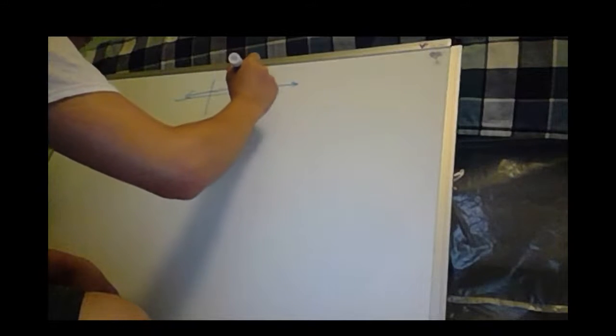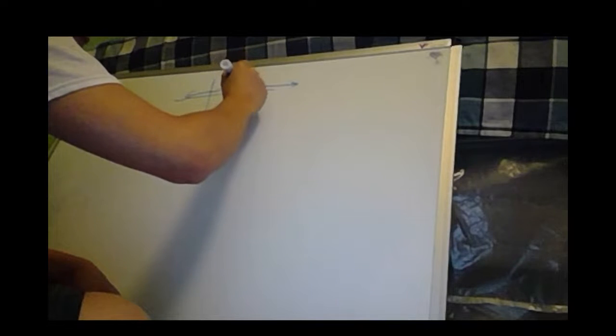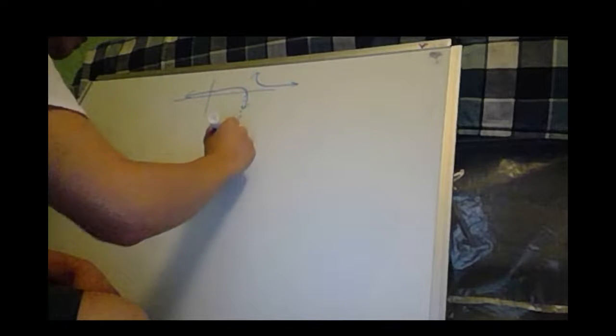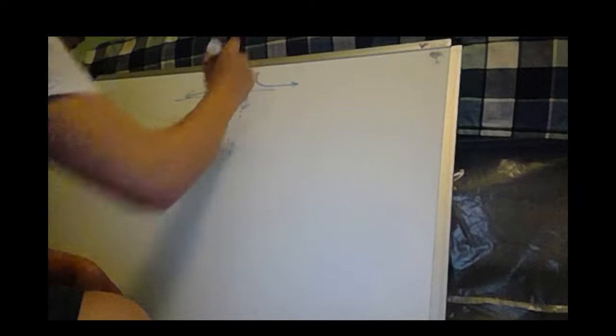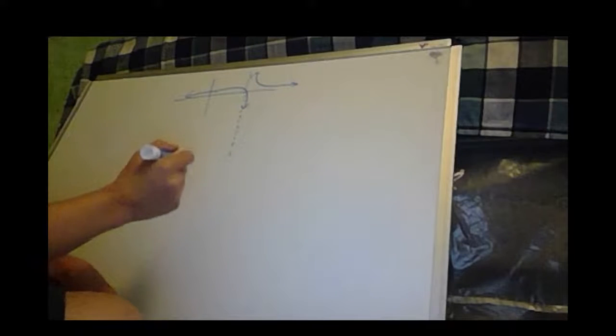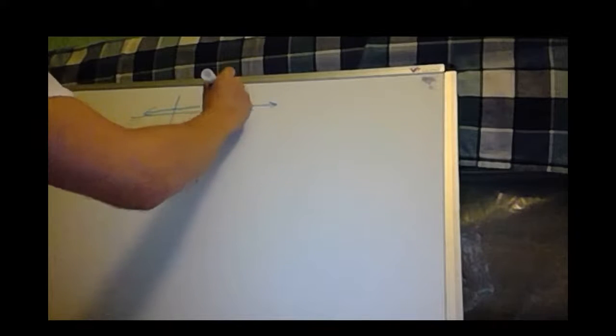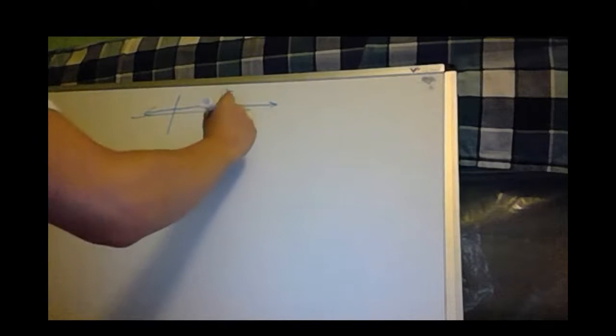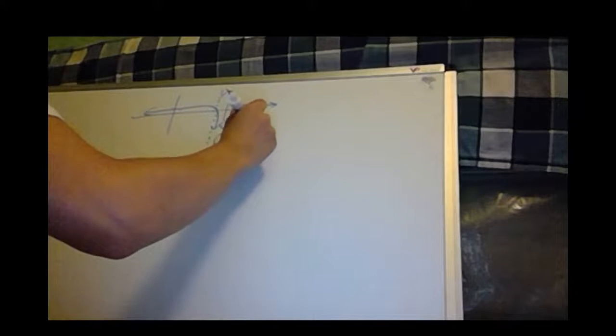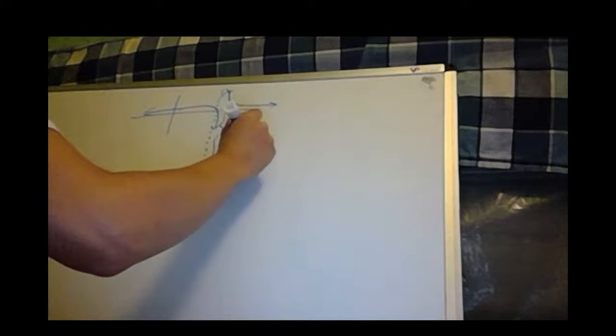So one thing to note is that this vertical line here is called a vertical asymptote.